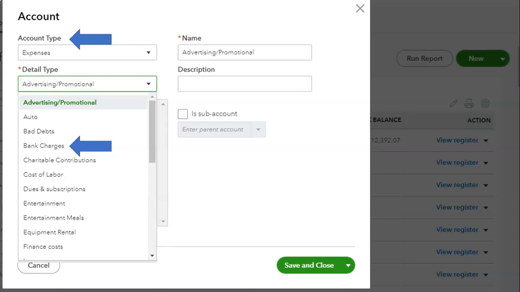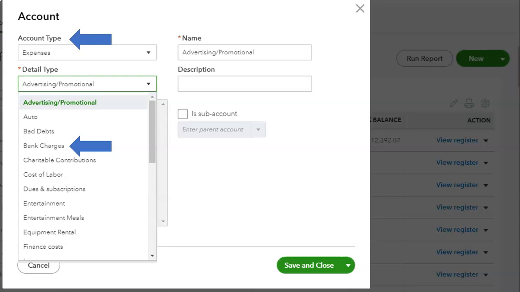If we put the account type expenses in, now QuickBooks will give us all these ideas under detail types. You can scroll down and see all of the most common detail types that people are using, the most common expense names that an account can have. You can look through those and see if there's one that makes sense for what the transaction is for your client.